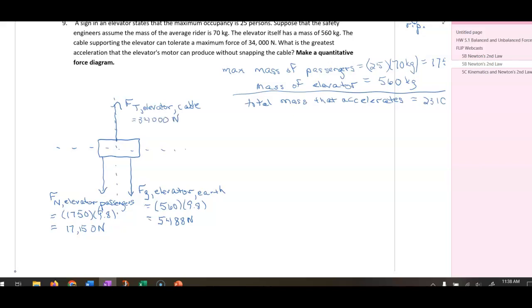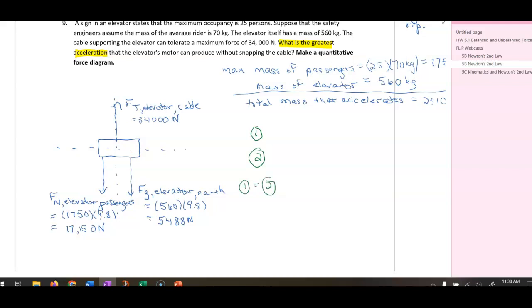And so my question is, what is the greatest acceleration that the motor can produce without snapping the cable? So it can cause a tension force of 34,000 newtons at the maximum, and that's going to give us the maximum acceleration. Okay, my strategy is I write two equations to calculate the net force, and then I set those equations equal to each other.